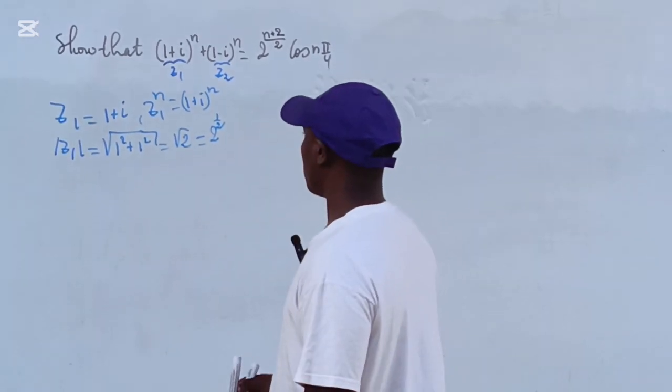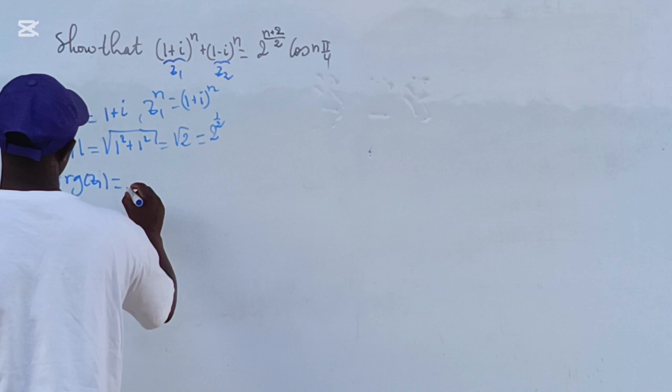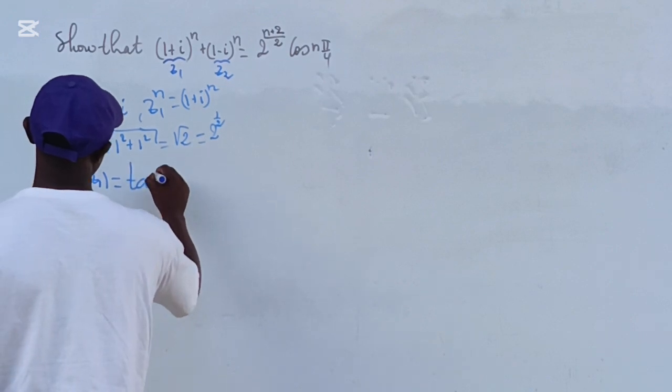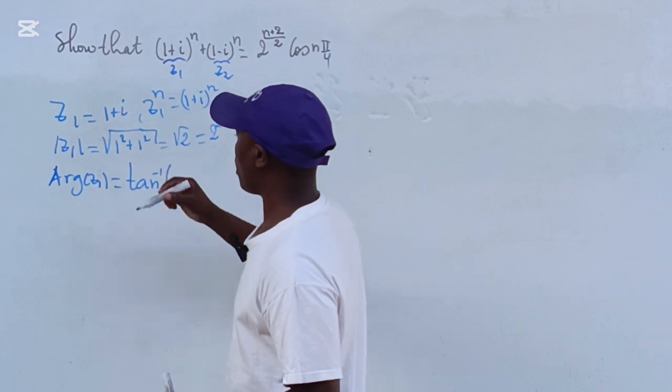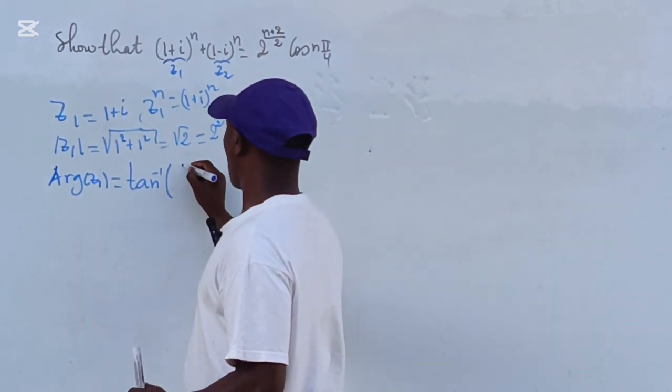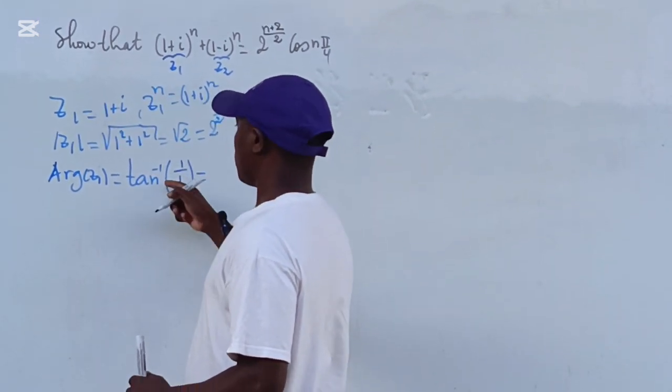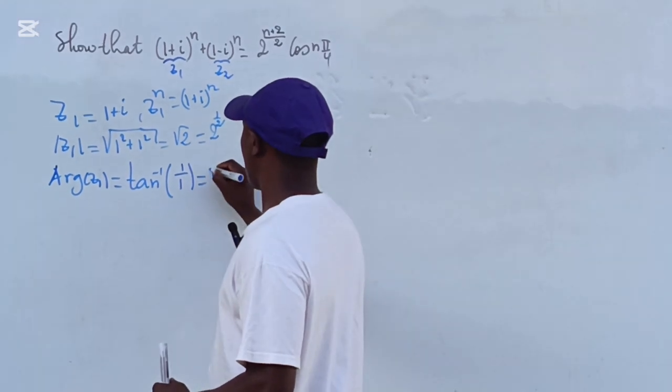Okay, and the argument of z1 is equal to the inverse tangent of the coefficient of i over the real part. We have 1 over 1, and tan inverse of 1 is pi over 4.